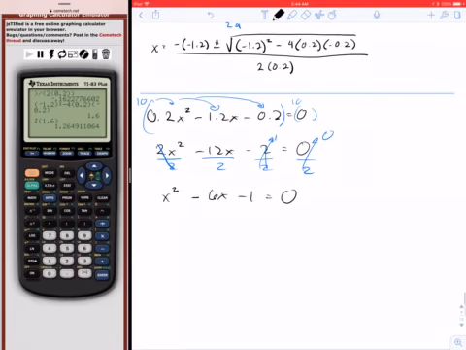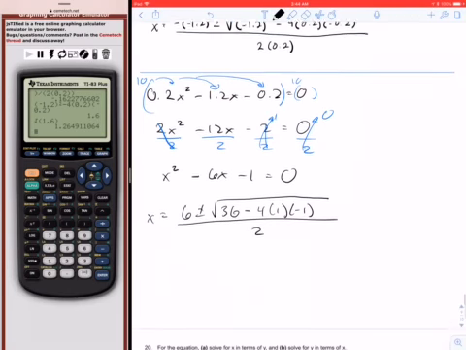Okay. So then x would be negative b, which is 6, plus or minus the square root of 36 minus 4 times a times c, so 1 times the negative 1, over 2. Let's see what happens.